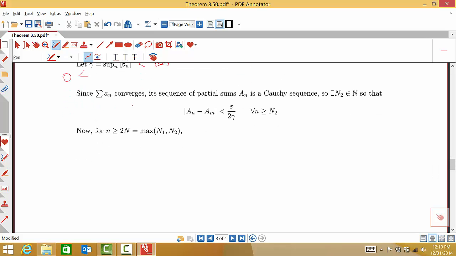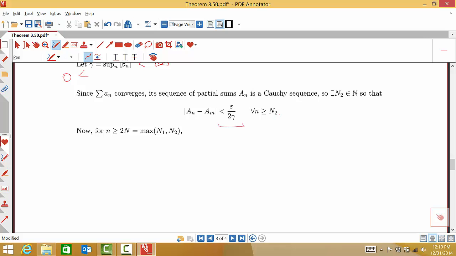Since our series a sub n converges, it's absolutely convergent, so it's convergent. Its sequence of partial sums forms a Cauchy sequence. We've proven that. So there exists a natural number N2 such that the absolute value of a sub n minus a sub m is going to be as small as we like. In this case, we're going to choose as small as we like to be epsilon over 2 gamma for all n greater than or equal to capital N2.